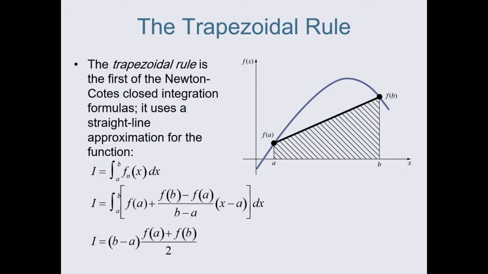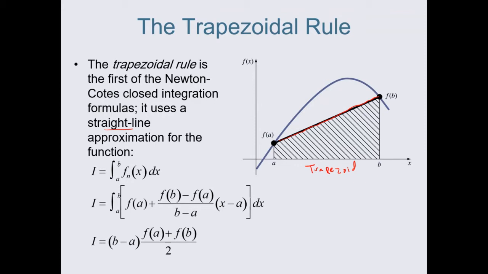The first and the simplest one is the trapezoidal rule, and this is based on a straight line approximation to the fitting. Now you can see that we have a function here, and we approximate the function to be a linear function between the curve. Now what we get here is a trapezoid.